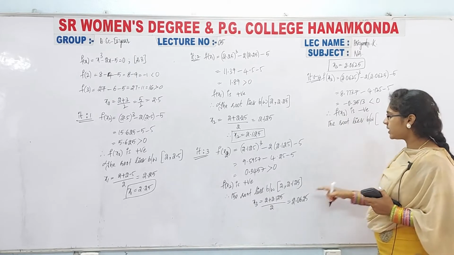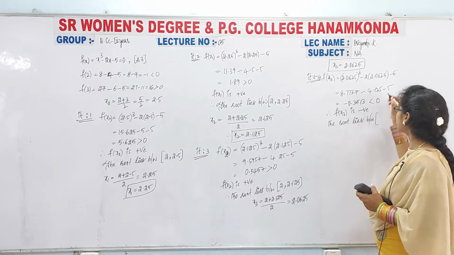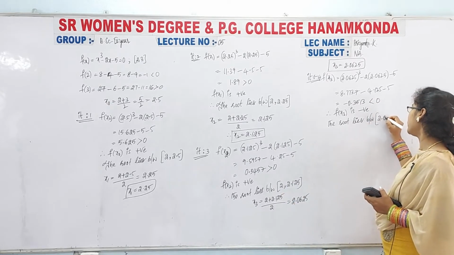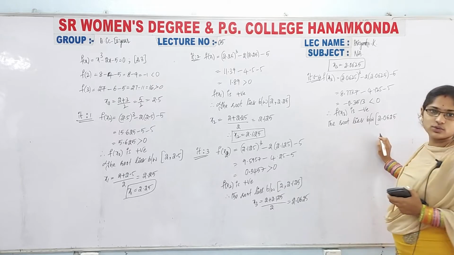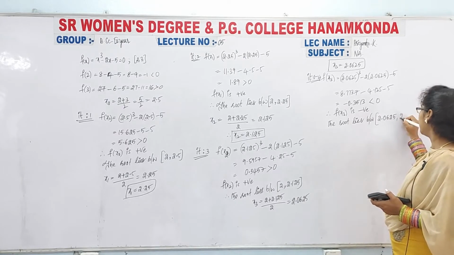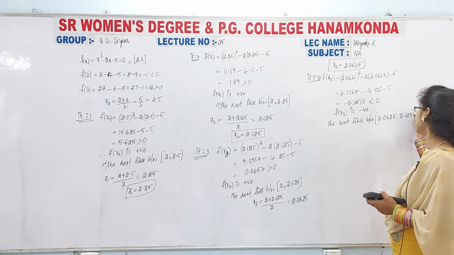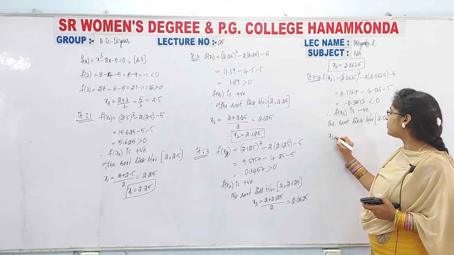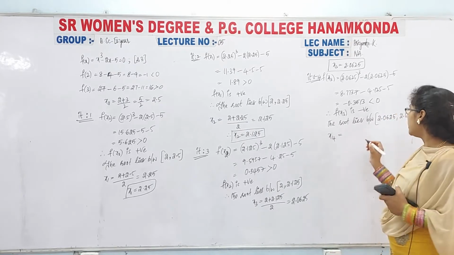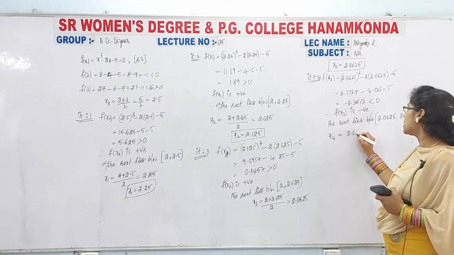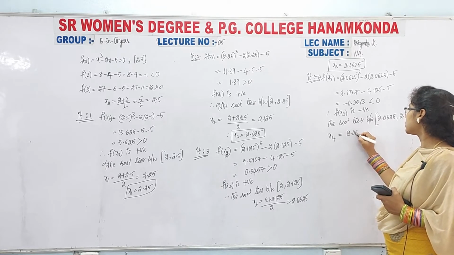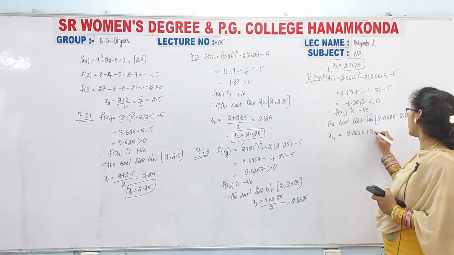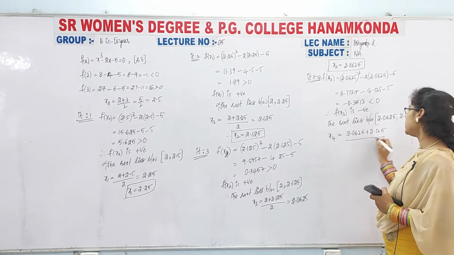So where the root lies, now we have to ignore this 2. That means the new interval is 2.0625, 2.125. Now what we have to calculate, x4. Now what will be the value of x4? 2.0625 plus 2.125 by 2.